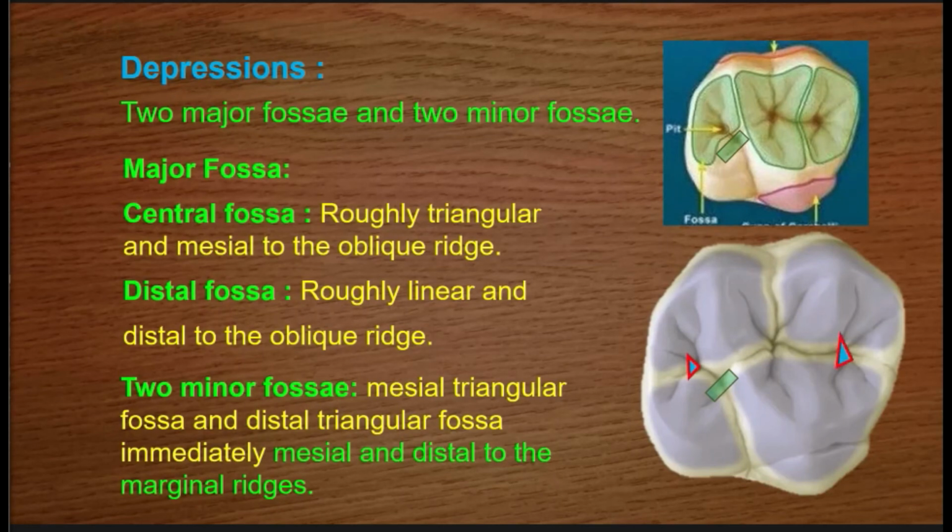You see here, these are the two minor triangular fossas. This is the linear distal fossa, and this is the central fossa, triangular in shape. So we have four fossas: two major, two minor.